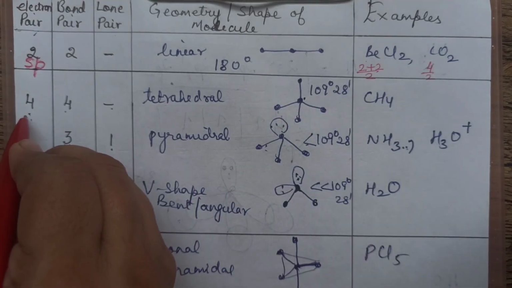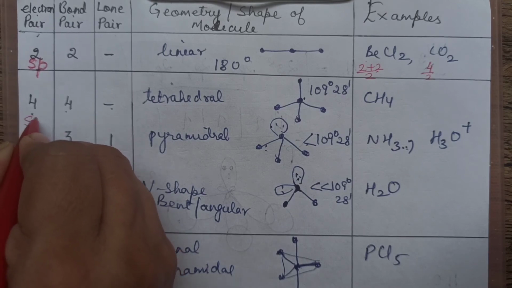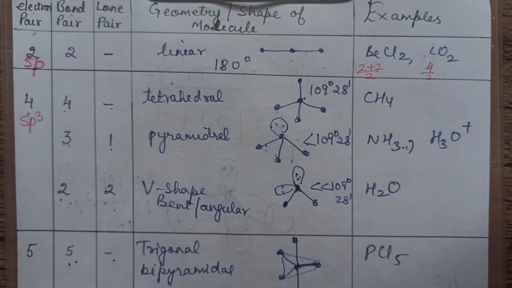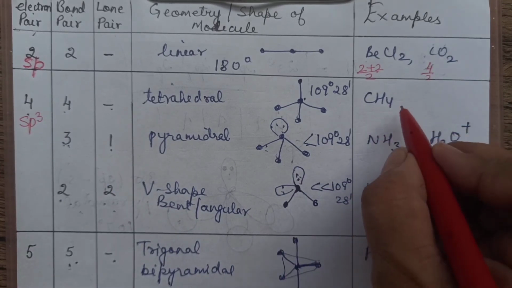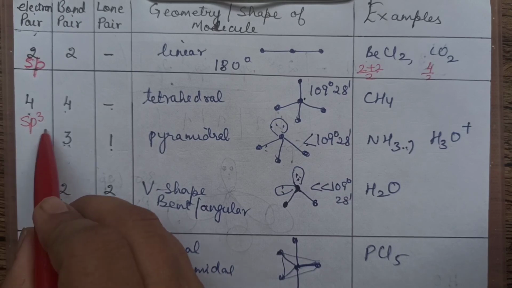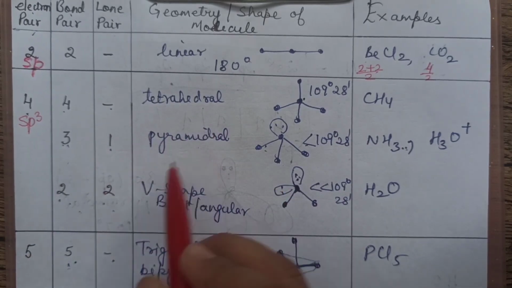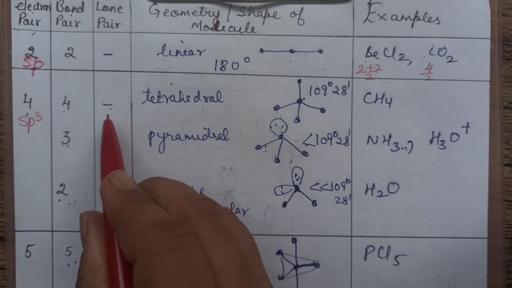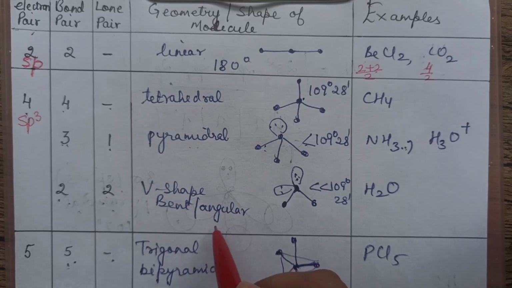Now let's take another example. If the electron pairs are 4, by that formula which I gave you, the hybridization will be sp3. For one or two more I'll help you out in calculating, and the remaining I think you can try on your own. Based upon the electron pairs: no lone pair, tetrahedral; 1 lone pair, pyramidal; 2 lone pairs, bent shape. And how do you calculate the lone pair?